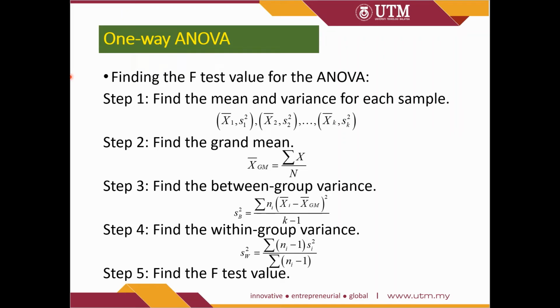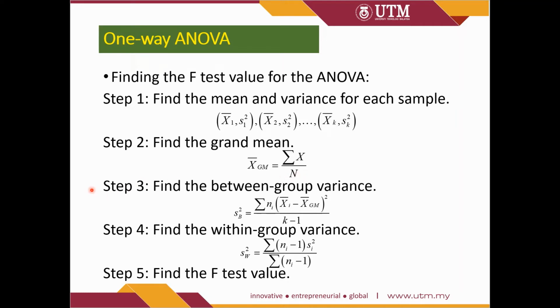So this is how to find the F-test value for the ANOVA. First of all, we need to find the mean and variance for each sample. Then we have to find the grand mean, which is the total of the x divided by the total sample size.